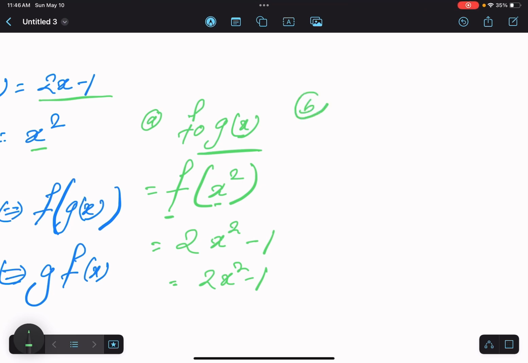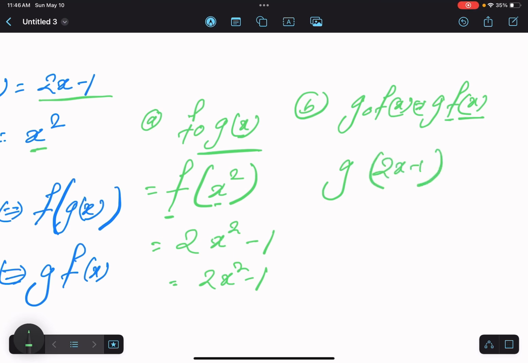Now let us solve the second part of this function. Second part is finding g of f(x). Now what you need to write? First write the function f(x), that is 2x minus 1, right? Now in place of x, replace this, that is 2x minus 1, and g just squares it, and now we can do the square.